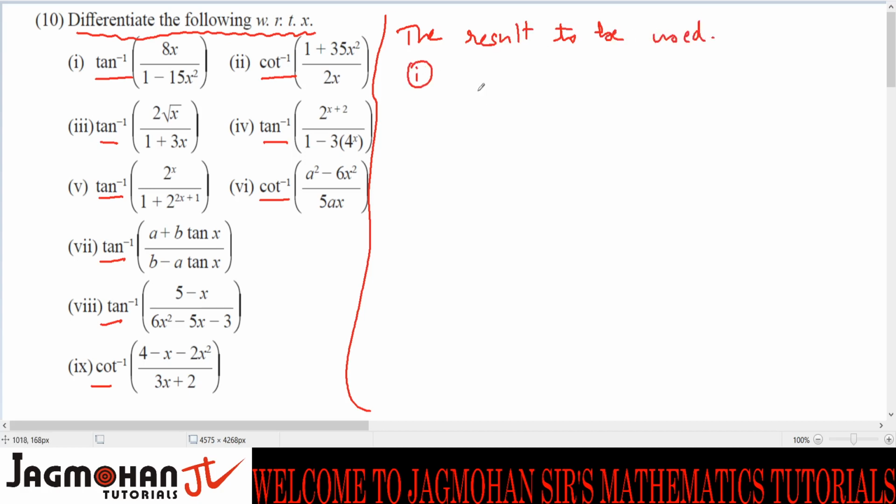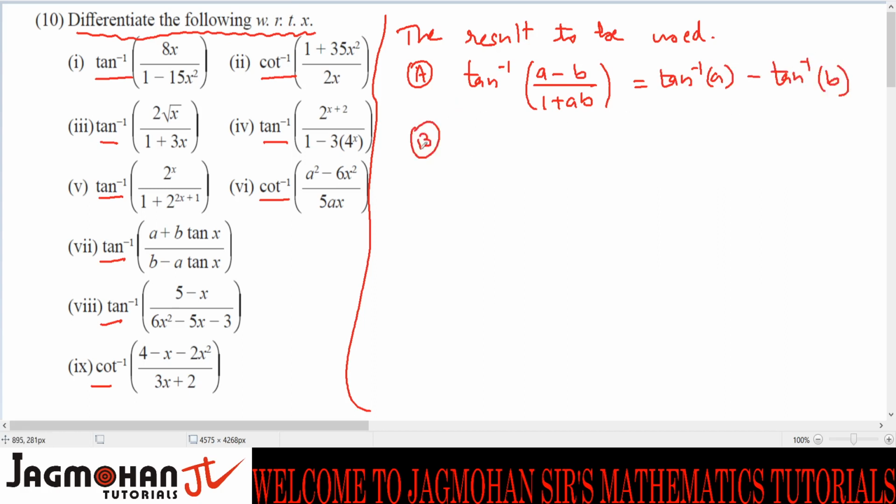We are going to use these results: tan inverse of (a minus b) upon (1 plus ab). As we know, it is tan inverse of a minus tan inverse of b.